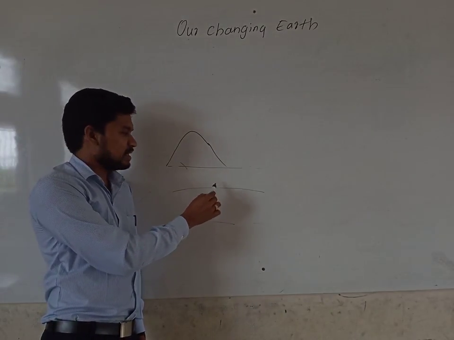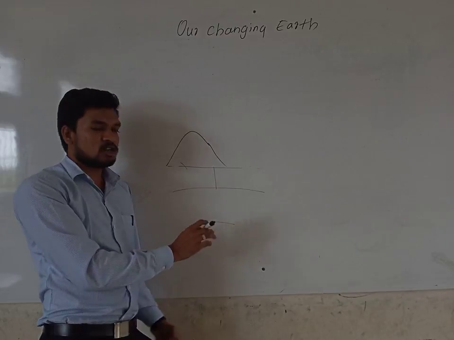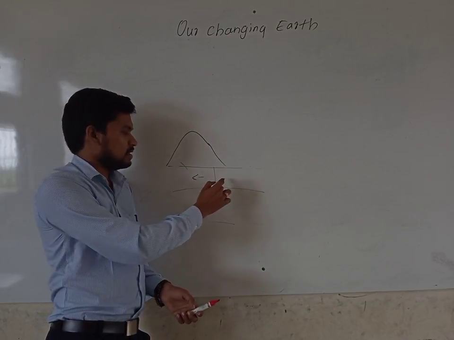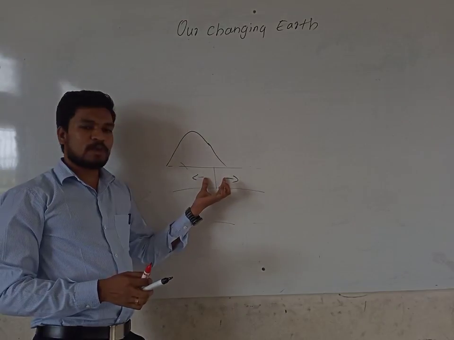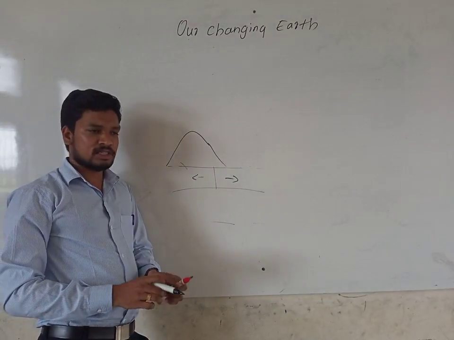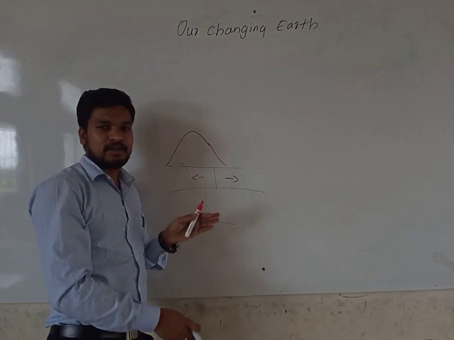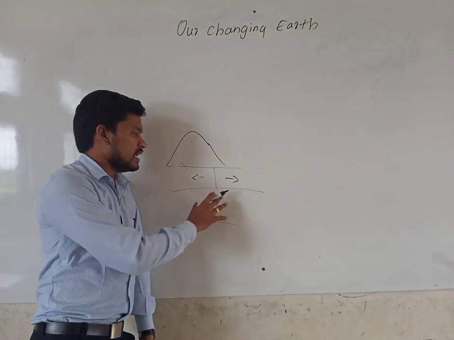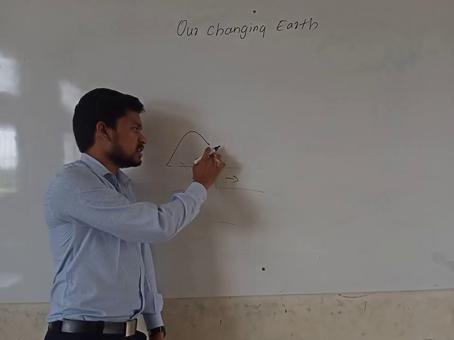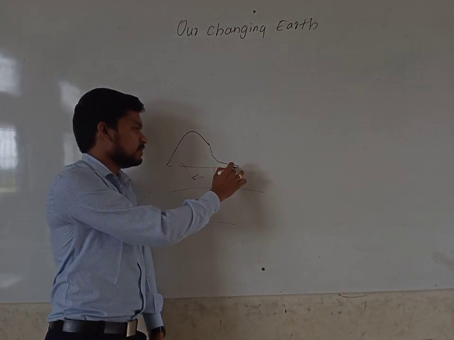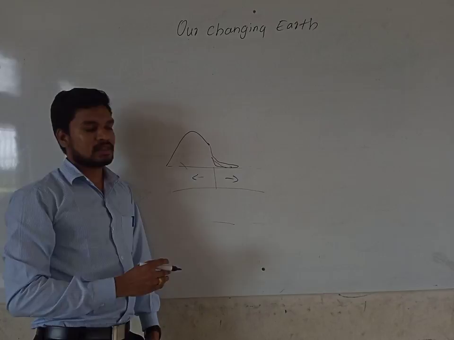This landslide is nothing but these plates starting to move away. These are the lithospheric plates, the broken plates. These two plates start to move away, meaning they don't exactly become separate, but they start to move away. And it shakes, it gets a vibration. Because of the vibration, a piece of land falls down. It's a landslide.